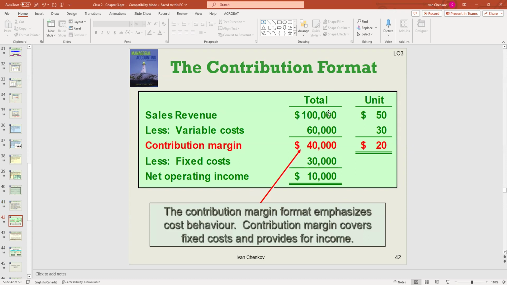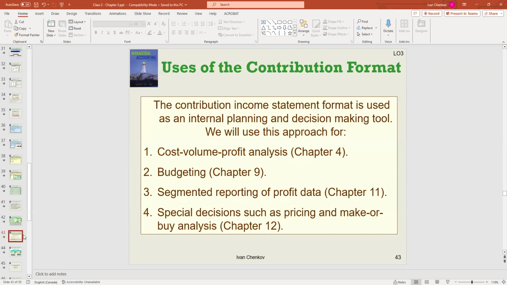Again, total sales are total sales. We cannot change anything, and we cannot change the operating income. The only thing that we can change is pull out all the costs, see how they behave, categorize them between variable and fixed, put it back in the statement, and prepare the contribution format statement.